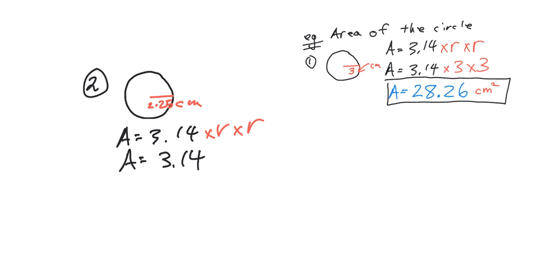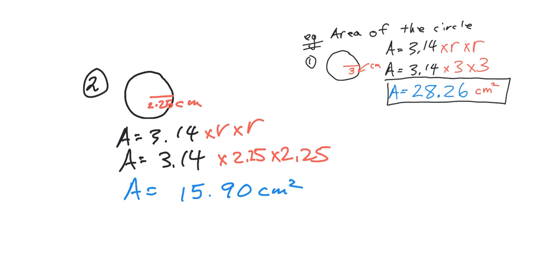Our radius is going to be times 2.25 times 2.25. And then when you punch in your calculation, you're going to get a final answer of, to 2 decimal places, let's make it to 2 decimal places, 15.90 centimeters squared. And we're done.